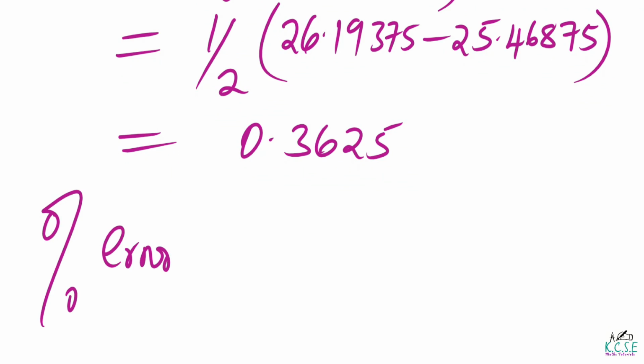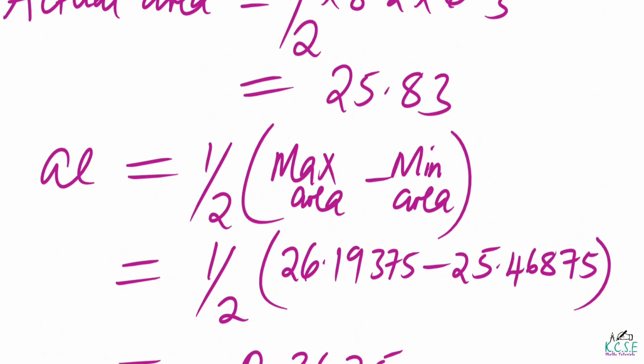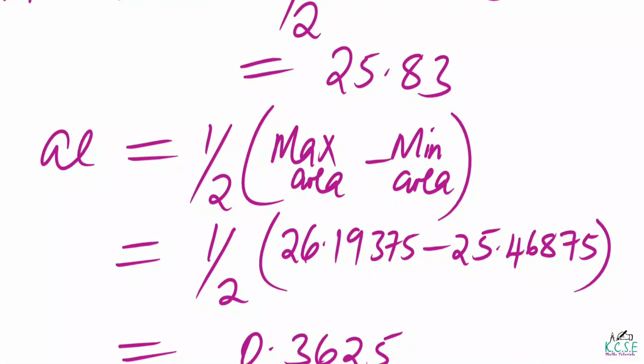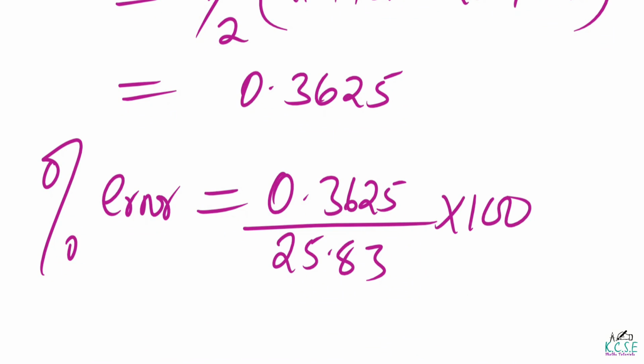Now, having obtained the absolute error, we can get the percentage error. It will be obtained by the absolute error, which is 0.3625, everything divided by the actual area, which is 25.83, multiplied by 100%.